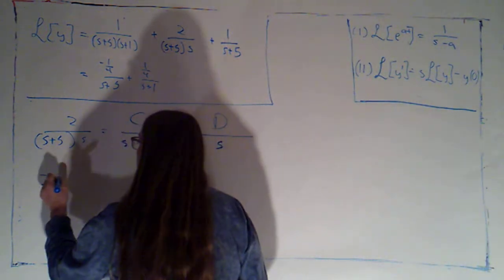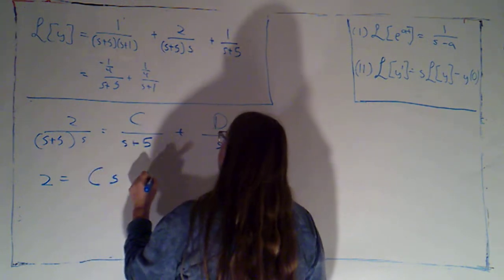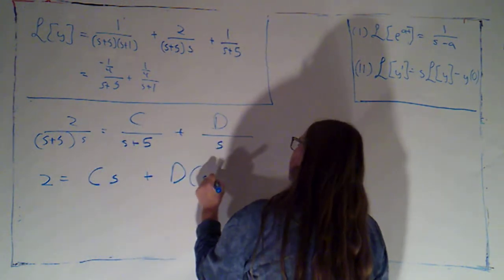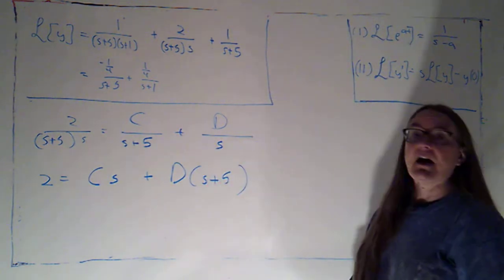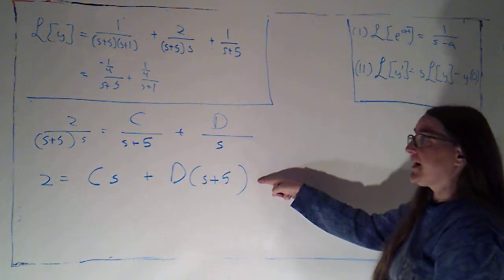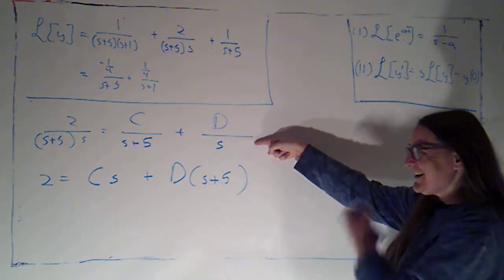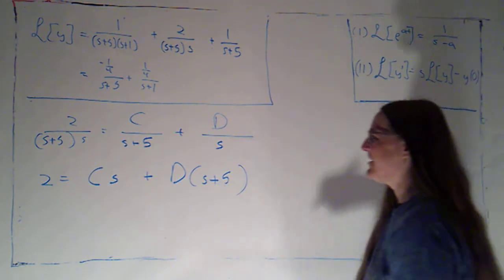So I get 2 is equal to c times s plus d times s plus 5. This equation is true for all values of s, including the two values that would make the original fraction undefined because they put a 0 in the denominator.